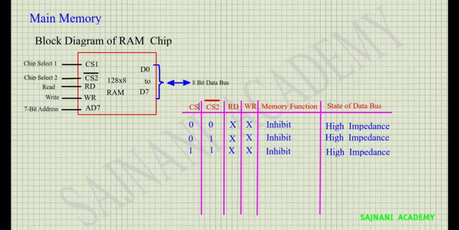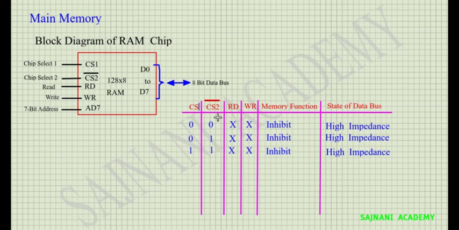Now if we draw the function table from this block diagram of the RAM IC, we can see that if CS1 and CS2 complement are 0 0, then the RAM IC will not work. It will go into an inhibit state, called a high impedance state, where whatever the value of read or write signal, normally called don't care, the memory IC will not be accessed.